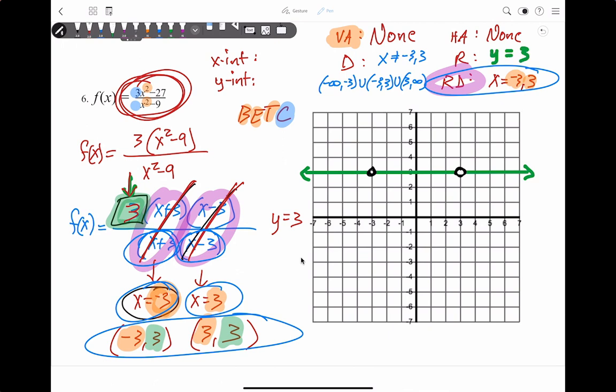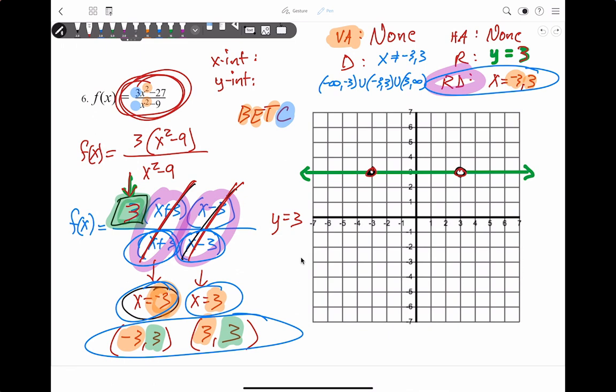There's not an interval of any kind. Here y is equal to 3, here y is equal to 3, all other places y is still equal to 3. If you have it at least once, you have to account for it. Just because you have a hole somewhere else doesn't mean we're not going to count 3.